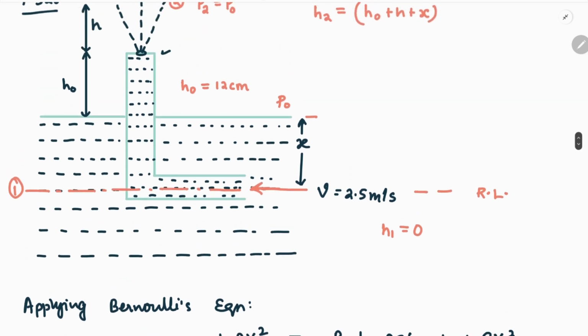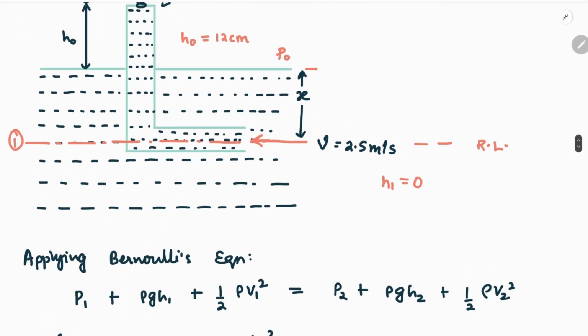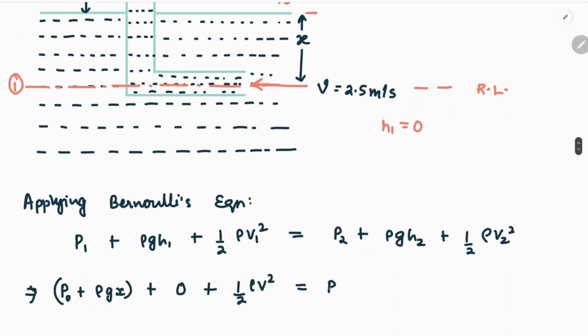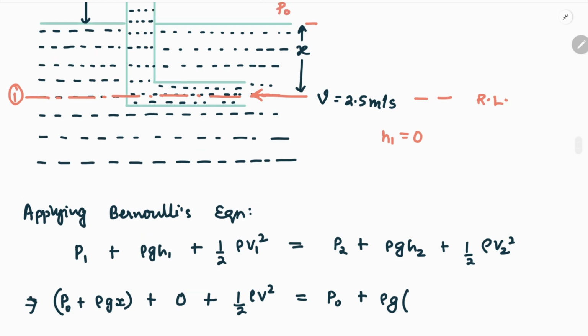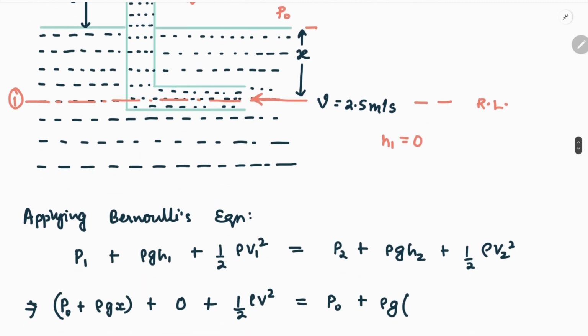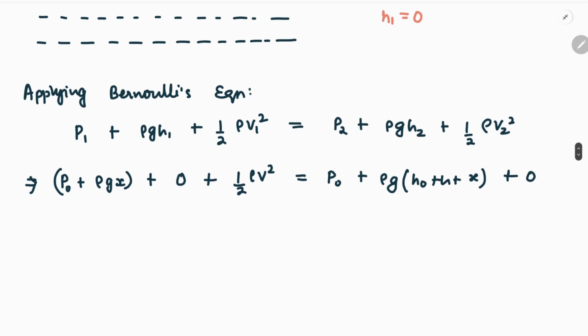At 2, pressure is due to atmospheric pressure P0 plus rho g h2, where h2 is equal to x plus h0 plus h. And at the highest point the velocity is 0. So this is the final expression that we have.